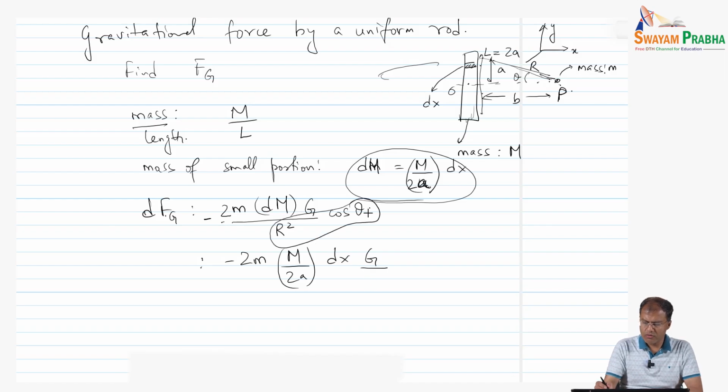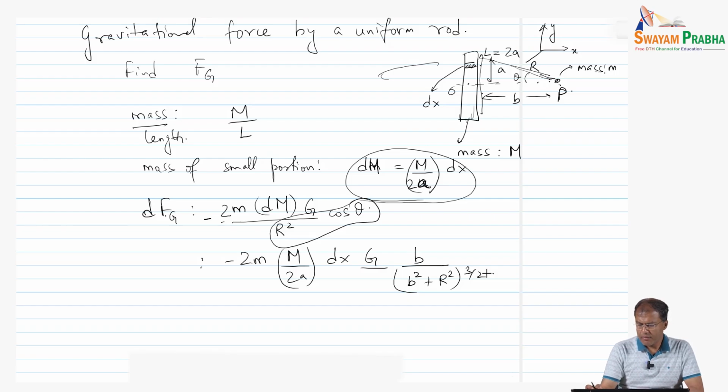So this quantity is going to be b divided by b squared plus r squared to the power 3 over 2, right? So that is my answer for the gravitational force for this infinitesimally small mass, right?